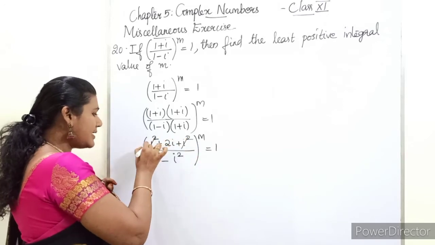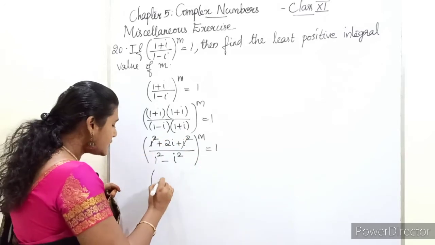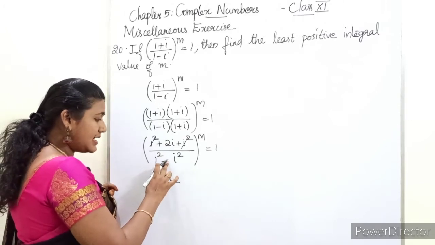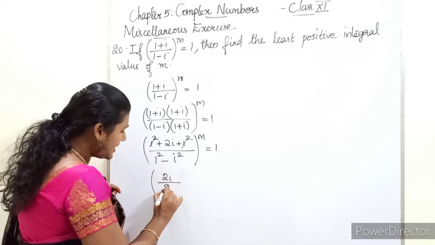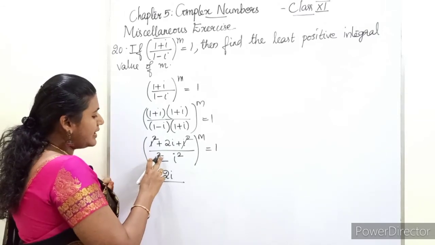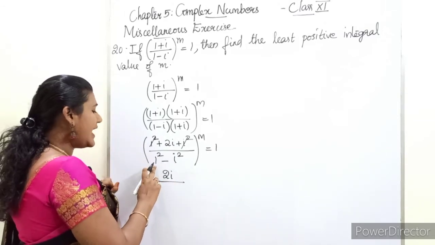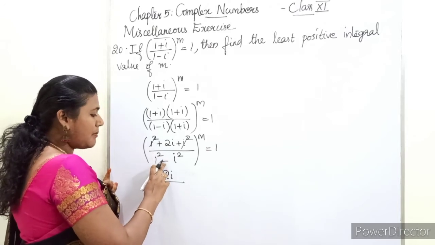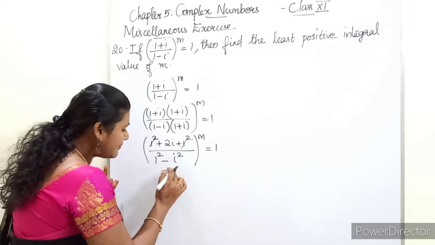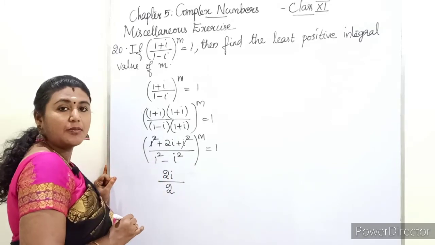So this term and this term will get cancelled. So you will get 2i. The denominator is 1 minus minus 1, so you will get 2.